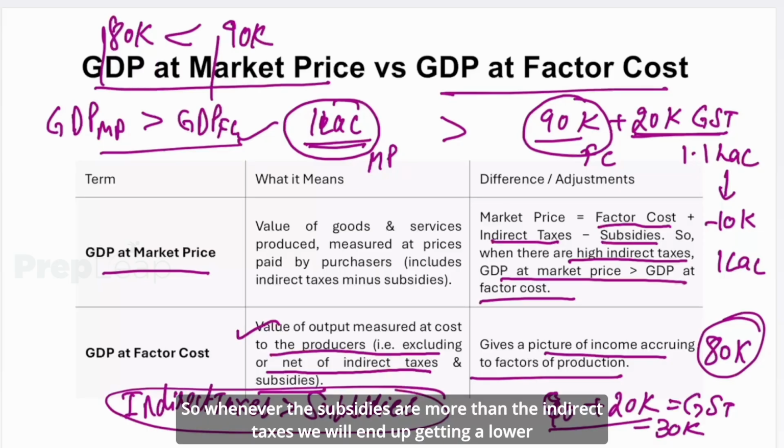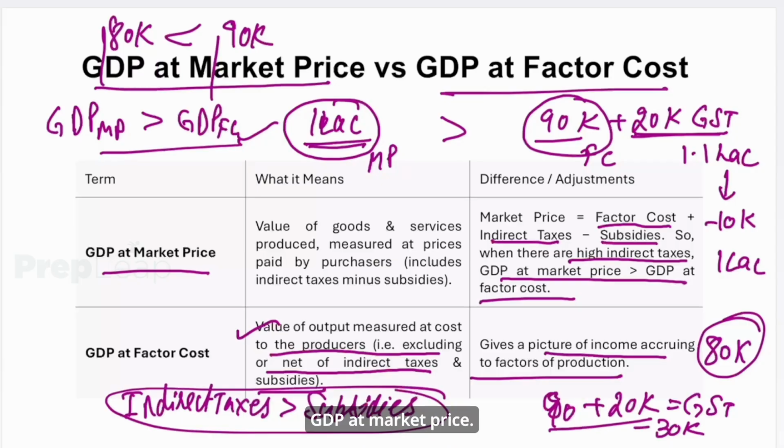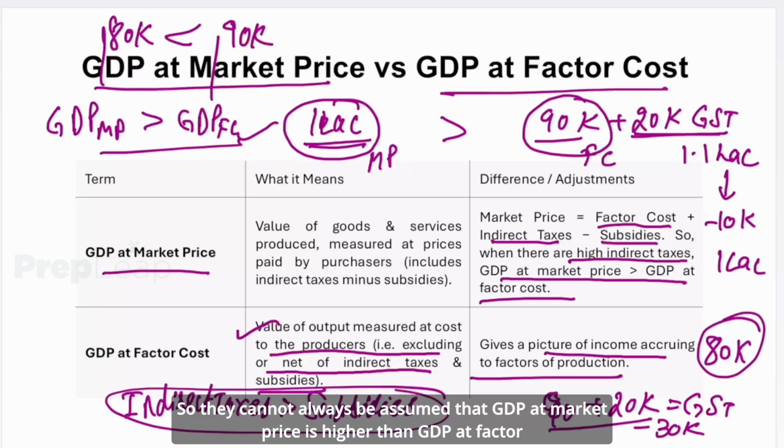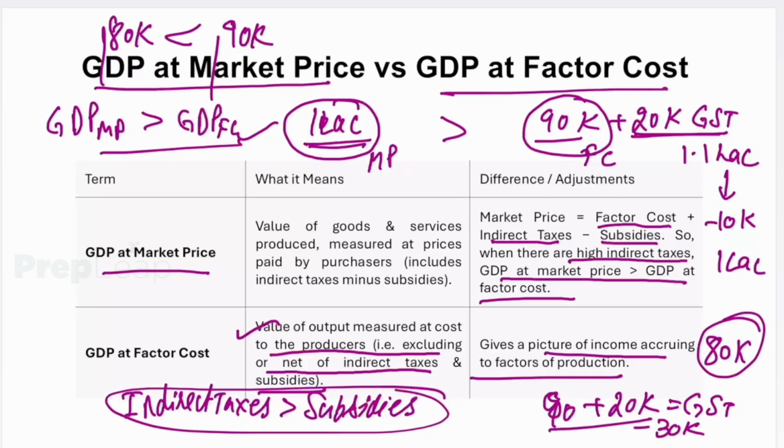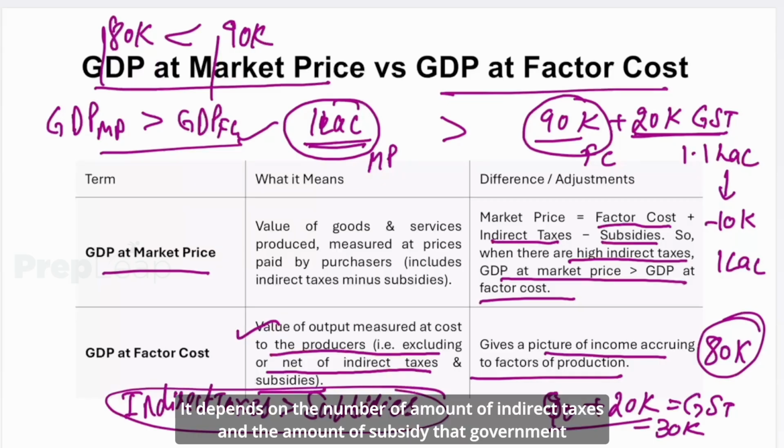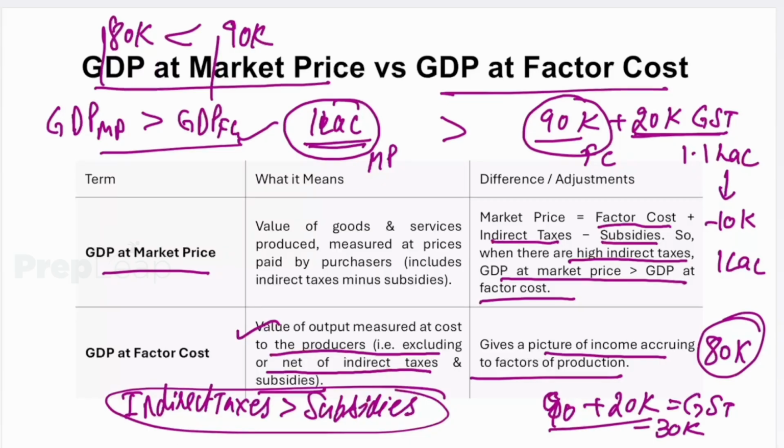So whenever the subsidies are more than the indirect taxes, we will end up getting a lower GDP at market price, right? So it cannot always be assumed that GDP at market price is higher than GDP at factor cost. It depends on the amount of indirect taxes and the amount of subsidy that government provides. I think this makes it a bit clear.